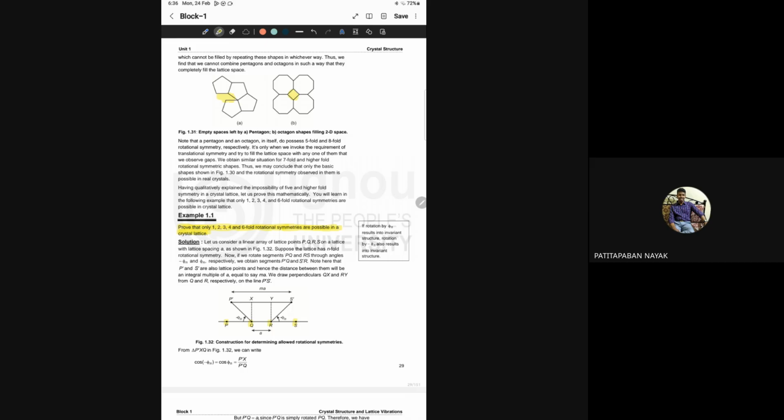If we rotate the segments PQ and RS through angles phi n and minus phi n respectively, we obtain the segments P prime Q and RS prime. Note here that P prime and S prime are also lattice points, and hence the distance between them will be an integral multiple of A. This sentence is quite important.